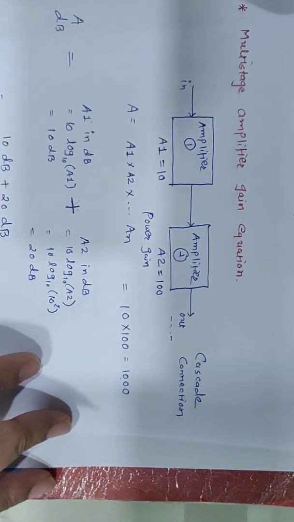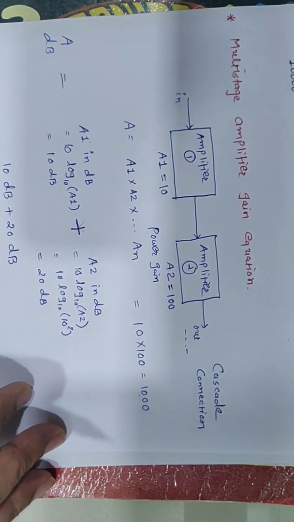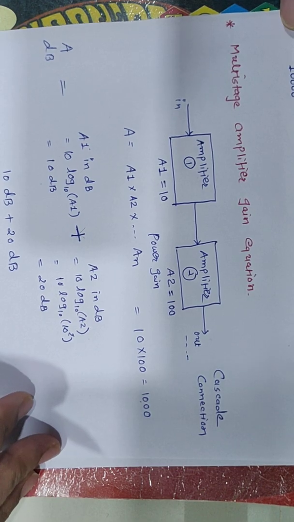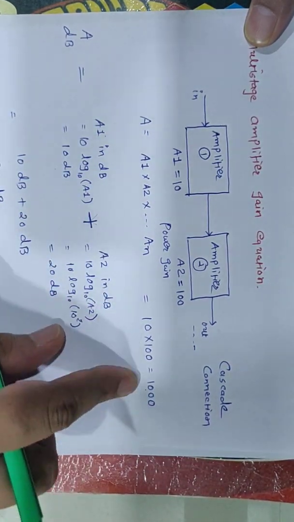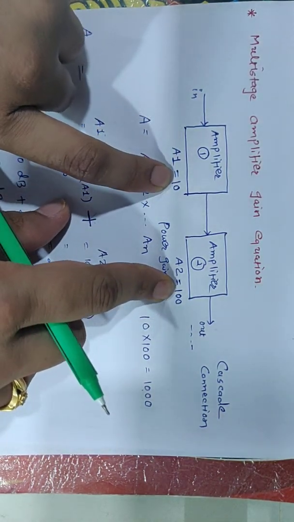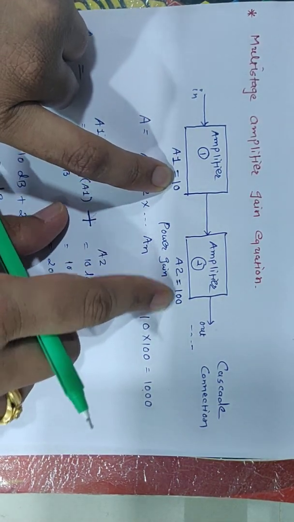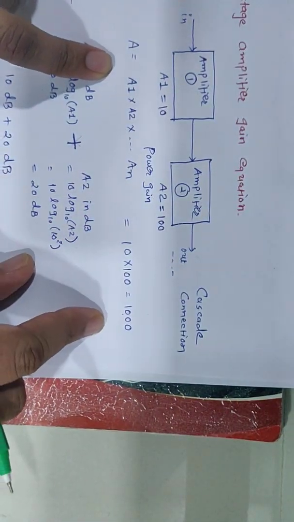Then we saw how to calculate the gain of a multi-stage amplifier. We saw the equation and assigned gains to the amplifiers: 10 dB, 10 and 100, and calculated the gain.